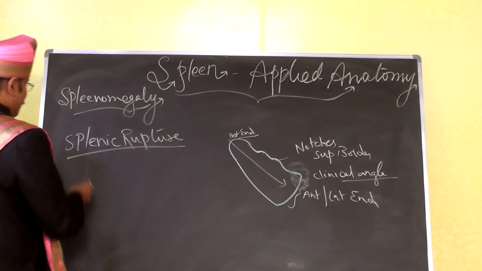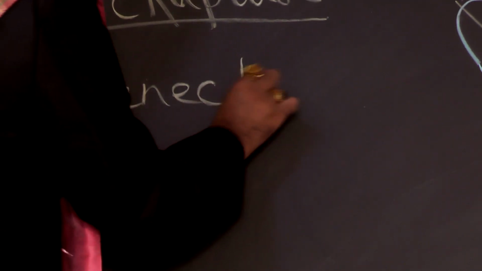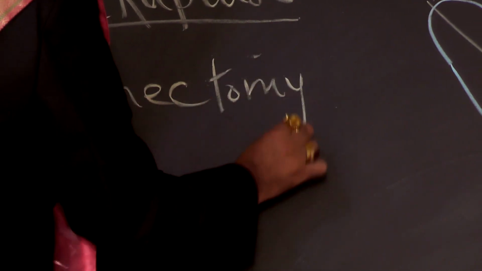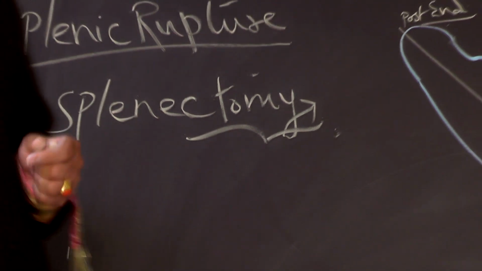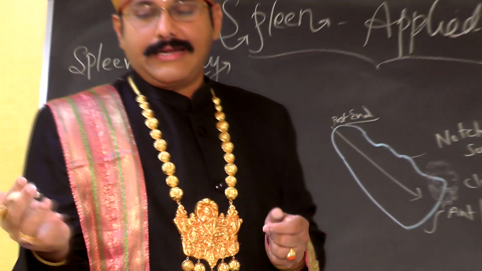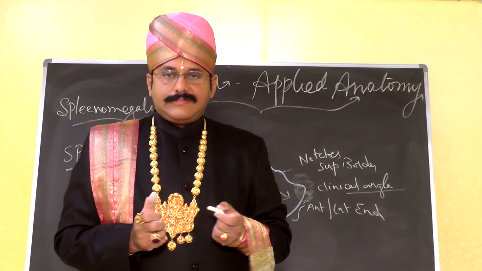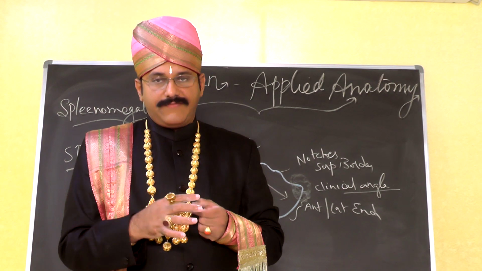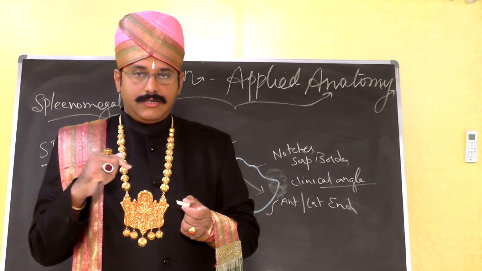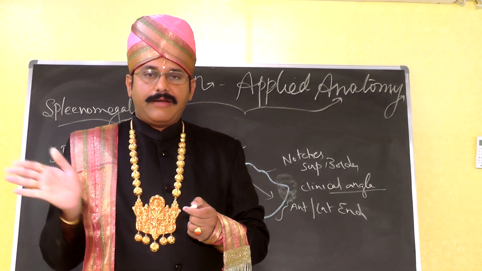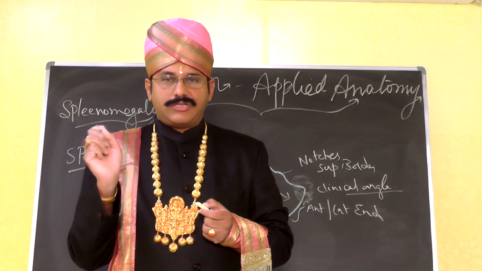What is splenectomy? We have learned that ectomy means cutting off, right? This word is in respect to the anatomist, splenectomy. The spleen is cut and removed. We do this because we want to save the person and prevent the hemorrhage. We learned that the spleen is supplied by the splenic artery, which is the largest branch of the celiac trunk and is tortuous.